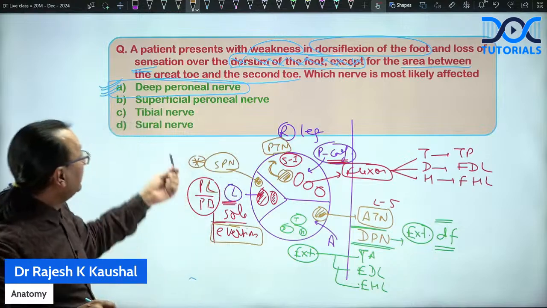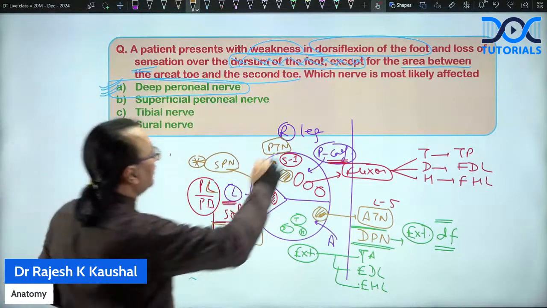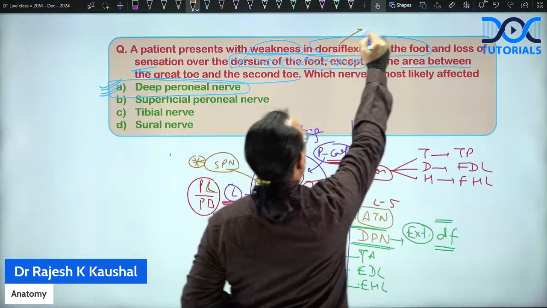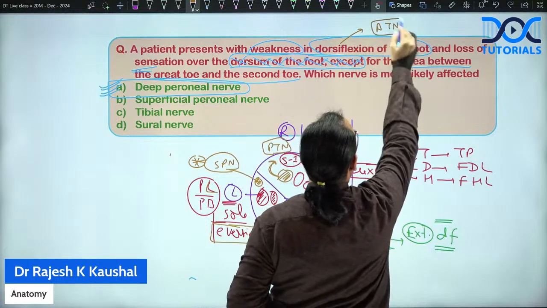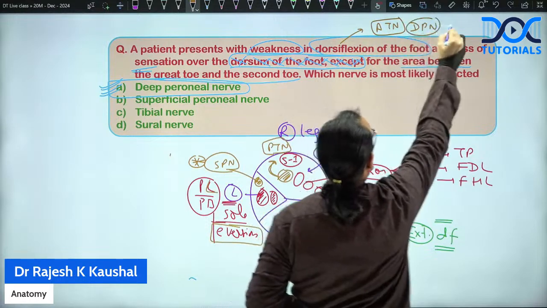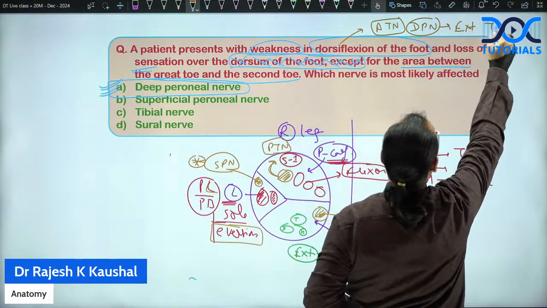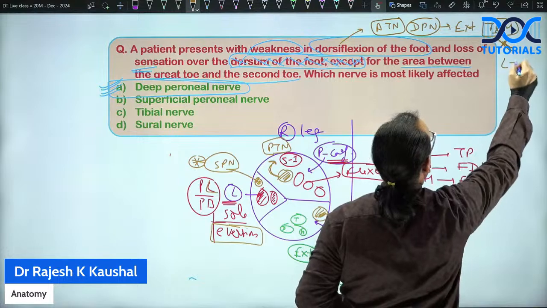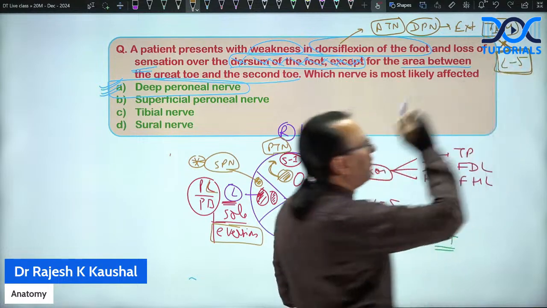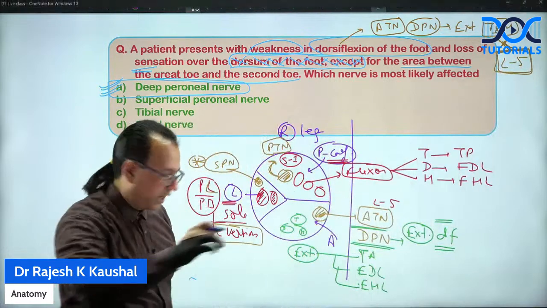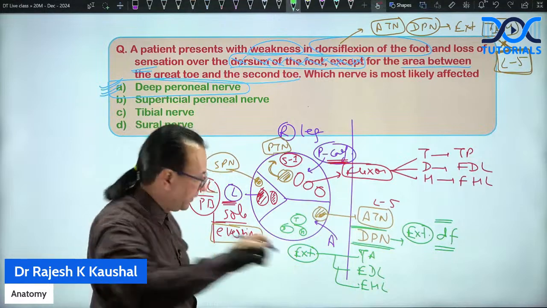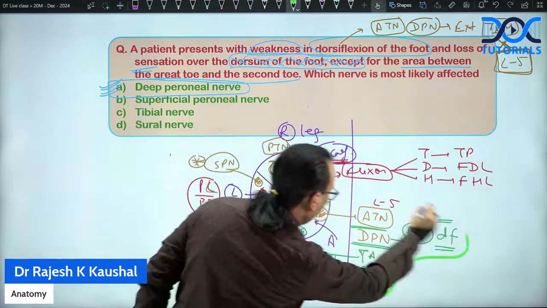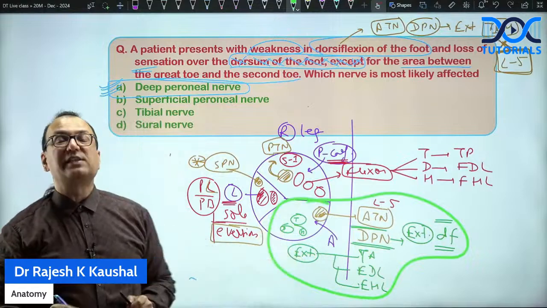Okay, right. So the patient presents with weakness of dorsiflexion. Are you talking about the anterior tibial nerve, which is also called the deep peroneal nerve? Yes. Extensor Tom, Dick, and Harry not working? Yes. The L5 root value? Yes. So what is the sensory loss?